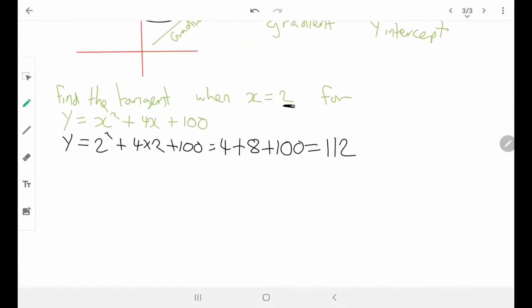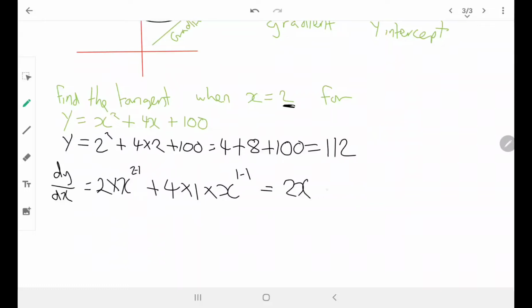So we now have y, but we now need to find dy/dx, our gradient. So dy over dx is 2 times x to the 2 minus 1, plus 4 times 1 times x to the 1 minus 1, and the gradient of 100, this bit just disappears. So this bit here is 2x plus 4.